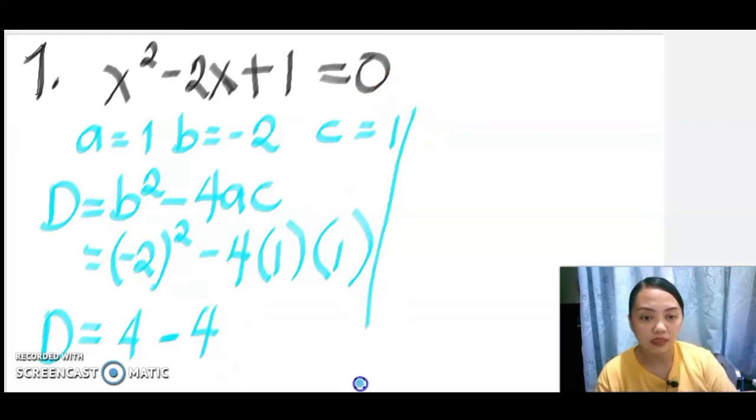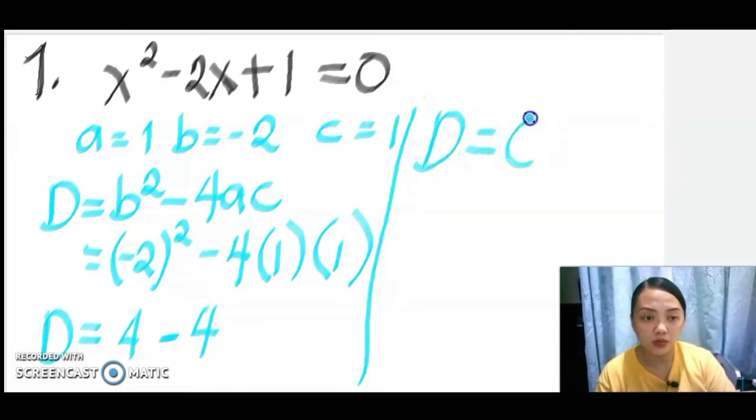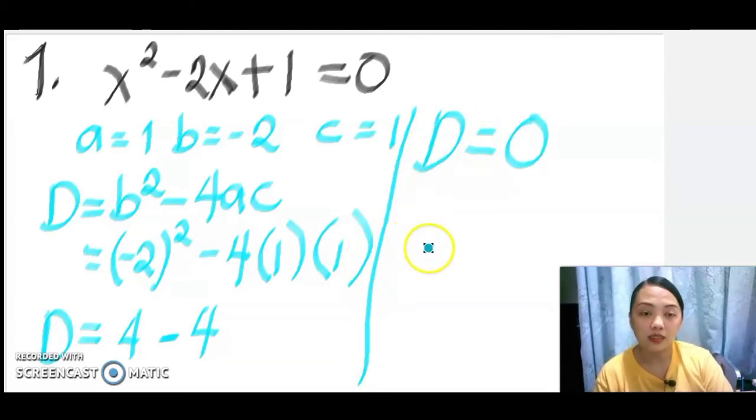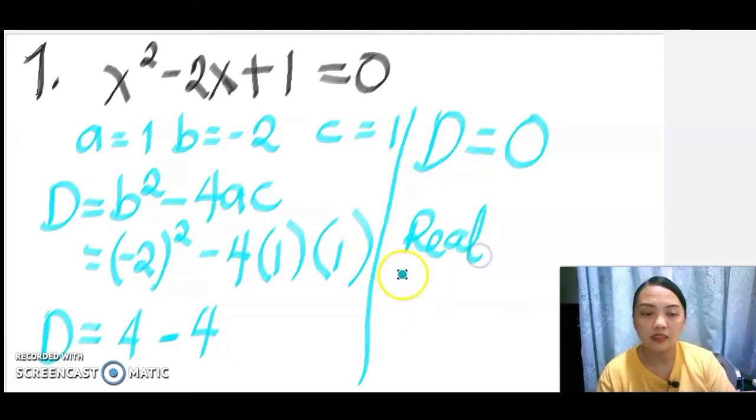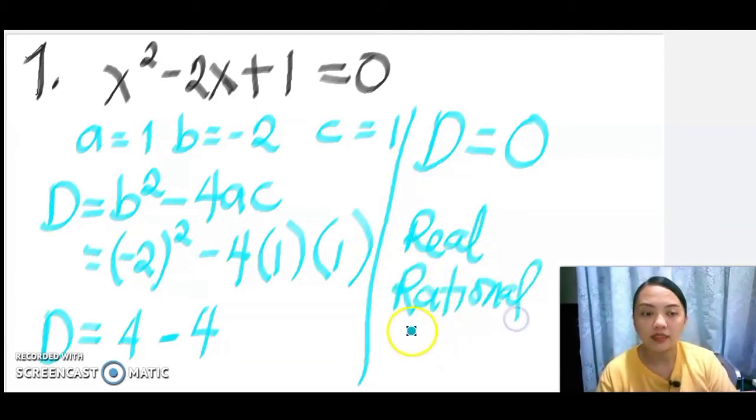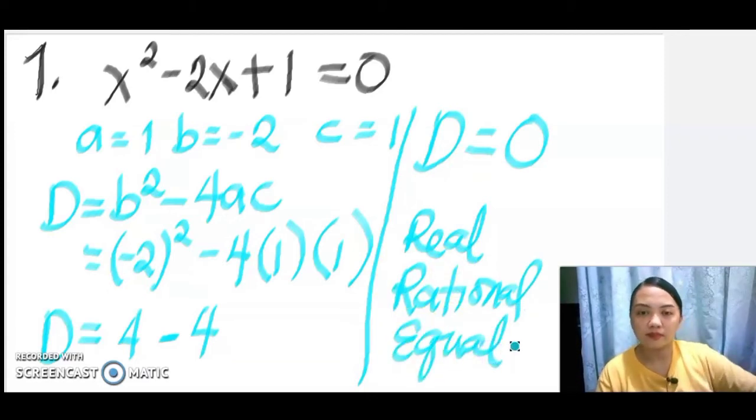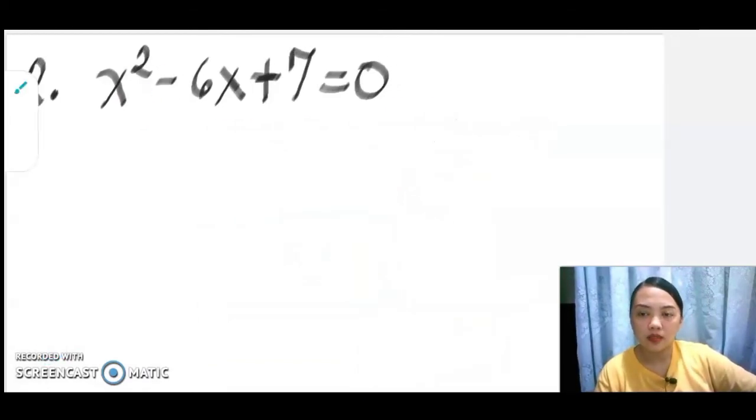So, the value of d here is equal to 0. So, ibig sabihin, ang nature of roots natin is real, rational, and equal. Okay. So, yun. Ganun lang ang gagawin. Next example. Number 2.